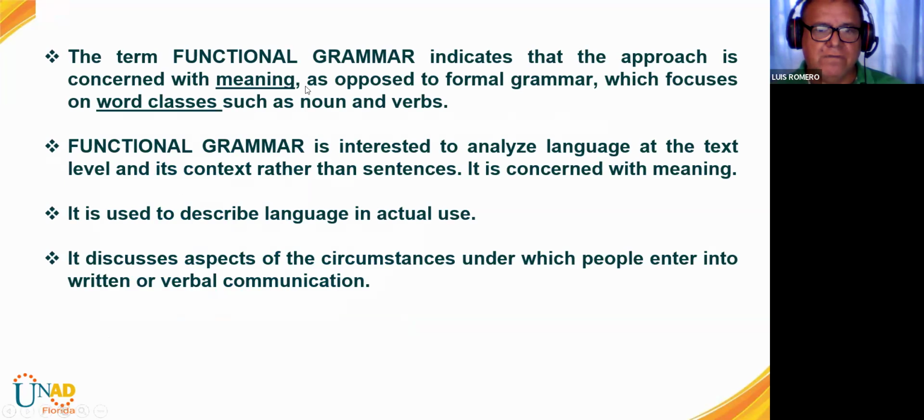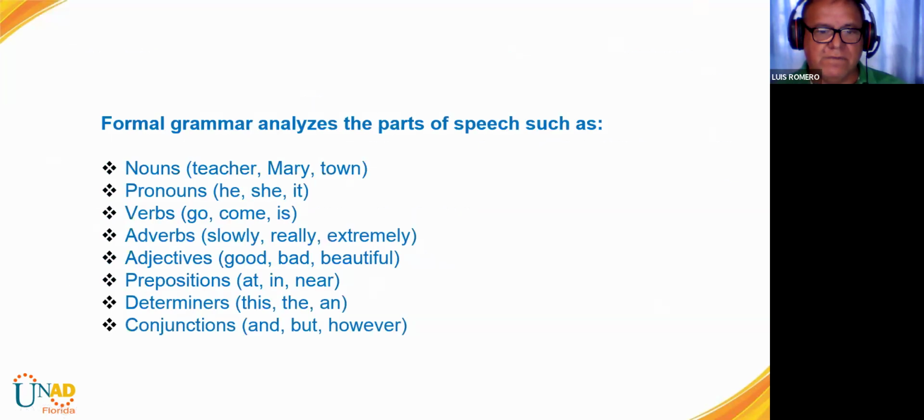Now, what happened with the functional grammar? The term functional grammar indicates that the approach is concerned with meaning as opposed to formal grammar, which focuses on word classes such as nouns and verbs. I mean, the ones that I presented before, like these ones.